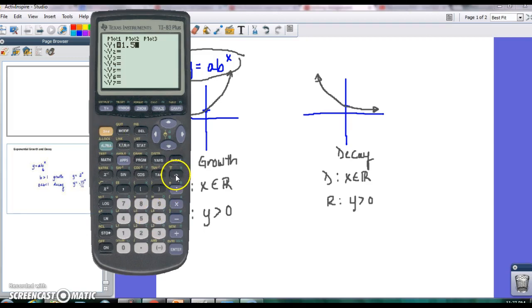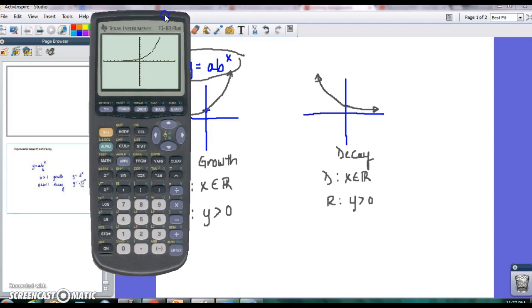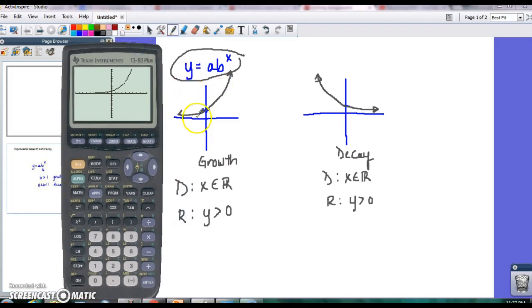And I'm going to do that to the x power, so that's 1.5 to the x. If I were to graph that, you'll see that it has the general shape that we did right here. It looks like it's touching the x-axis, but it's not. It never actually equals 0.